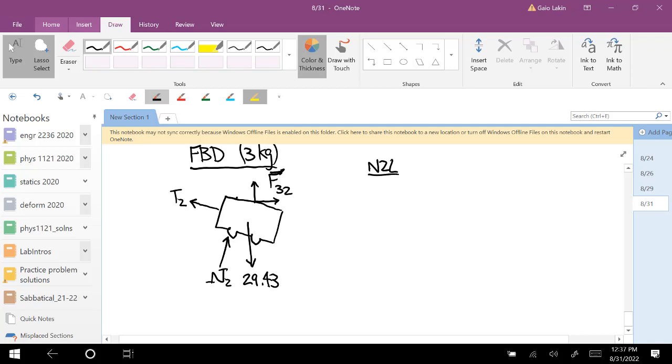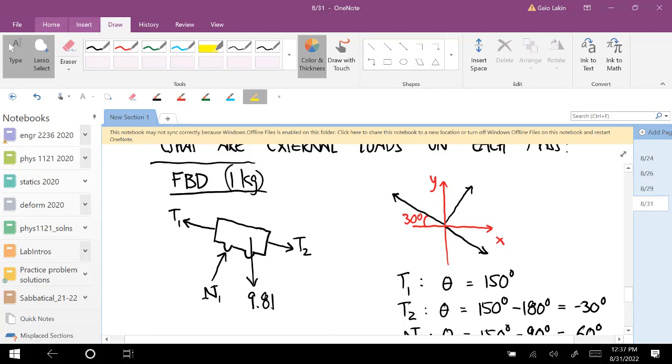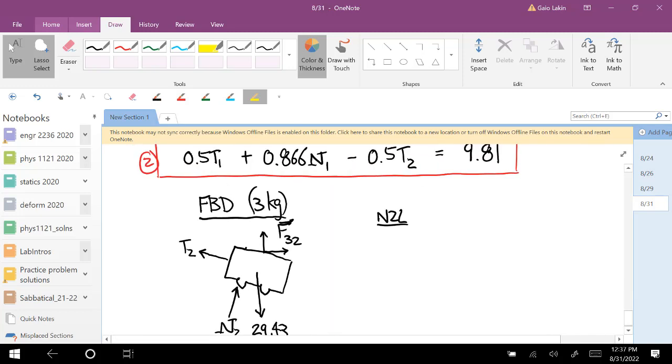So Newton's second law says that T2, you can see that angle is going to be 150 degrees again. But if you don't see that, then you can go back and do it this way again, draw the coordinate system, draw a vector parallel to the surface, and work your way around.